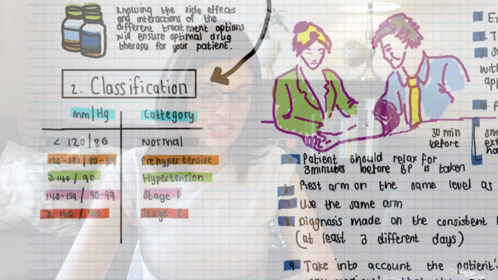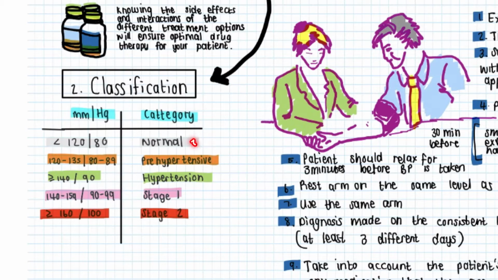In South Africa we measure in millimeters of mercury, so if it's less than 120/80, your patient is perfectly normal, nothing to stress about. If it's a bit higher than that, you can talk to them about some lifestyle adjustments they can make, such as lowering their salt intake.